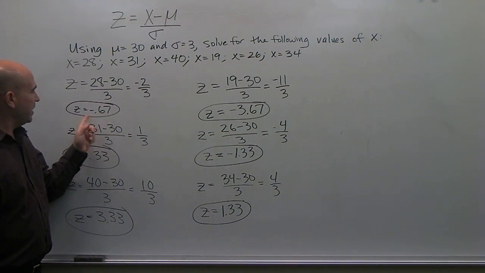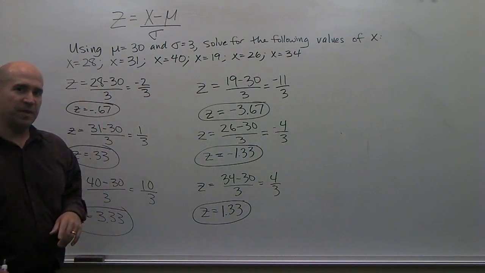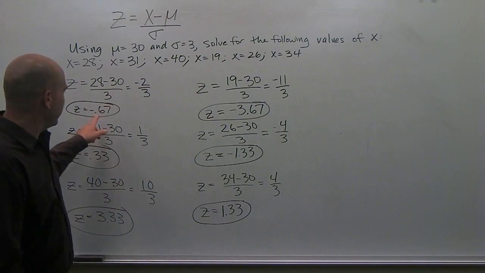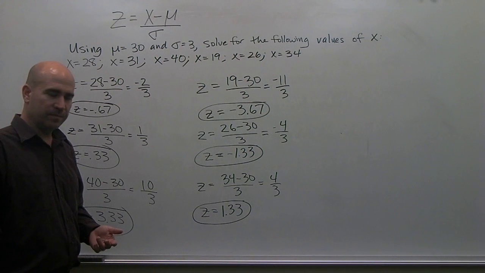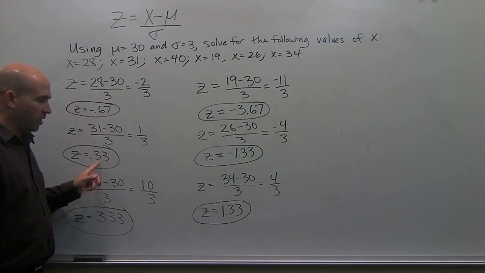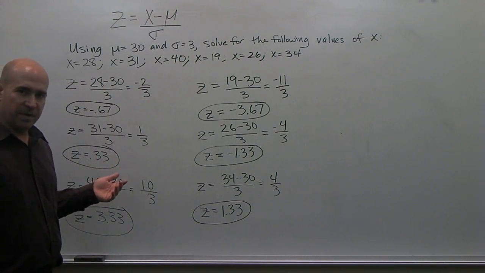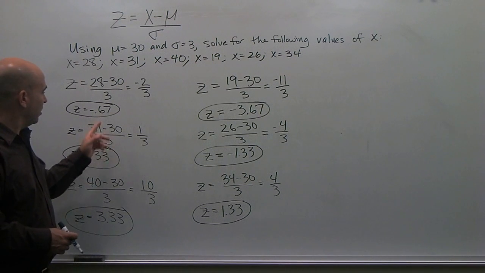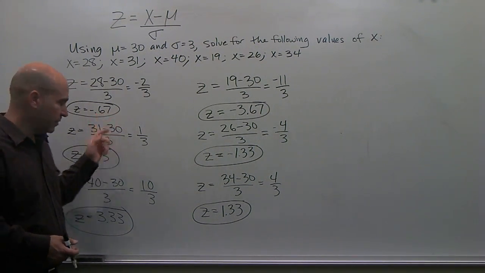For an x of 28, that produces a z-score of negative 0.67, which means that a score of 28 is 0.67 standard deviations below the mean. A score of 31 is 0.33 standard deviations above the mean. And remember, it's above the mean because it's positive, whereas this value was below the mean because it's negative.